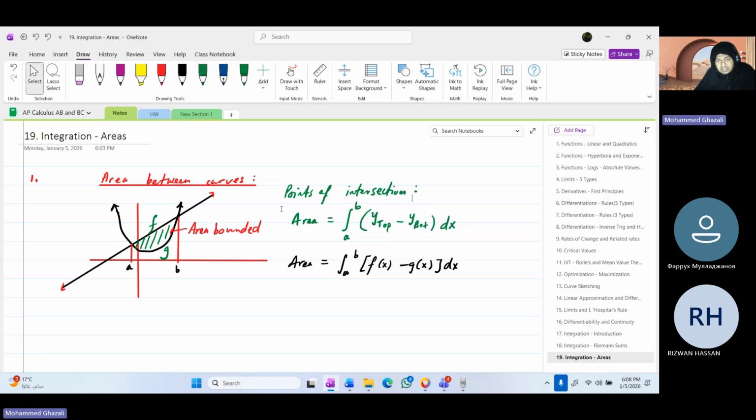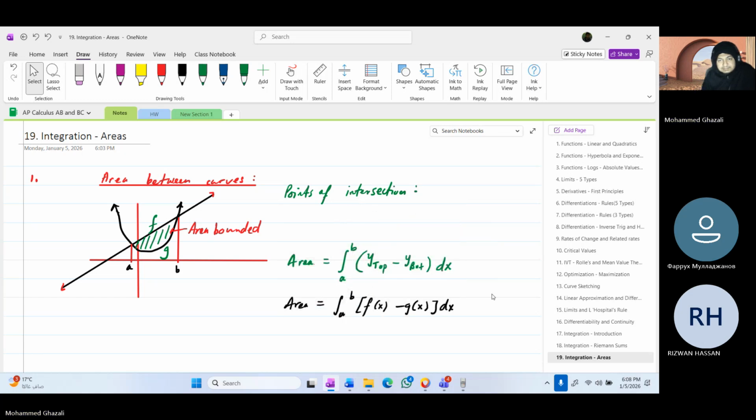Points of intersection we get when f of x is equal to g of x. Obviously you solve this equation and you get x equals a or x equals b. So you know where you are integrating from.